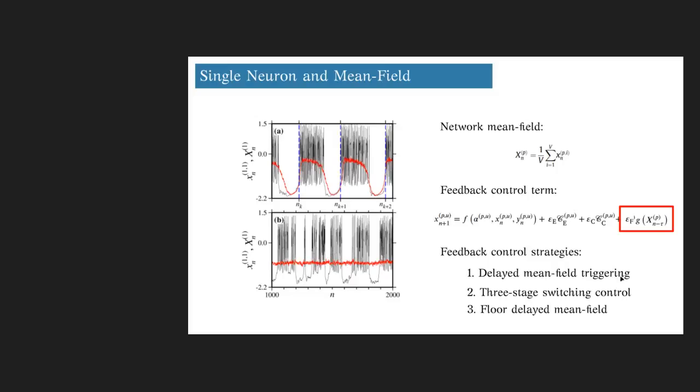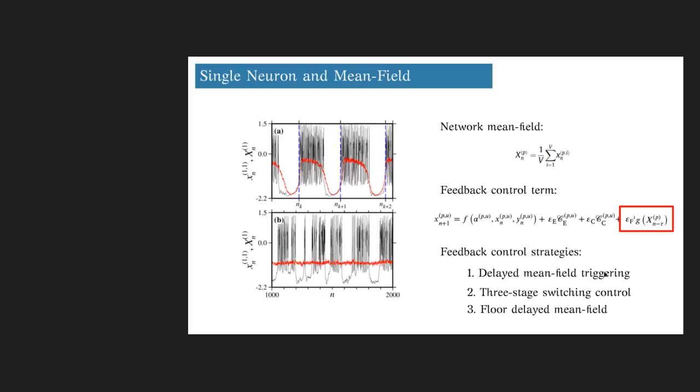So we consider a delay in the mean field, and this is the expression to add the feedback control. Epsilon F is the strength of feedback control, and G of capital X is the function of the mean field that effectively employs the control.